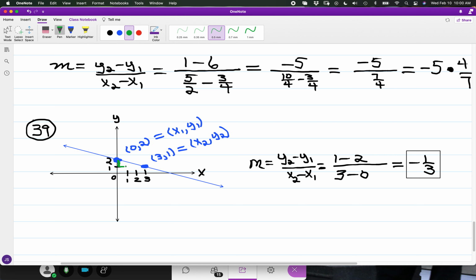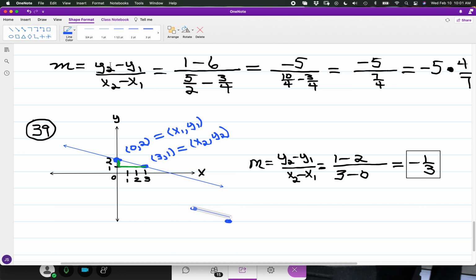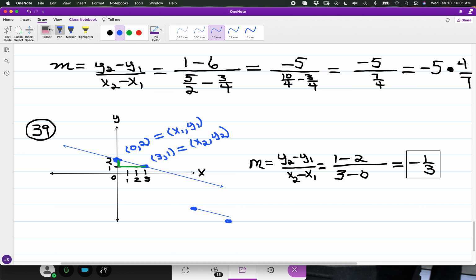But also, just looking at it visually, you can have a bit of a triangular formation and just sort of extend it out. And so there's just going to be a pattern. As you go from 0, 2 to 3, 1, with the triangular formation, you go down 1 and shift over 3 units.